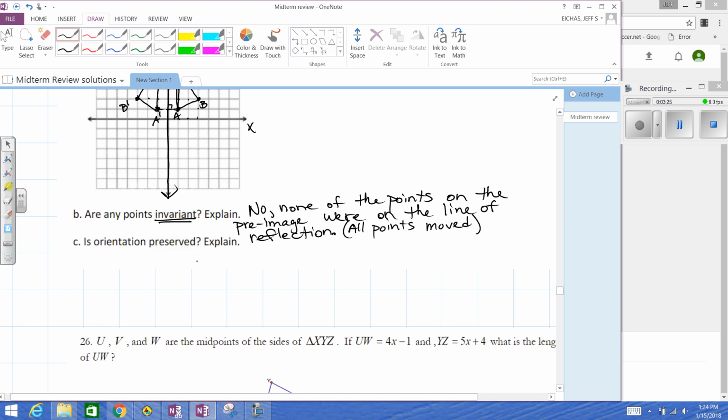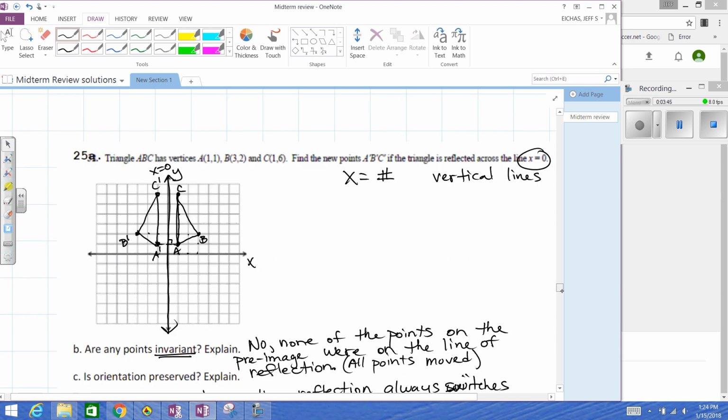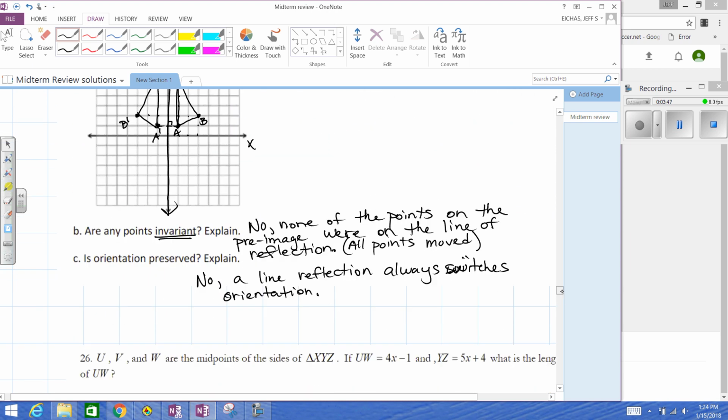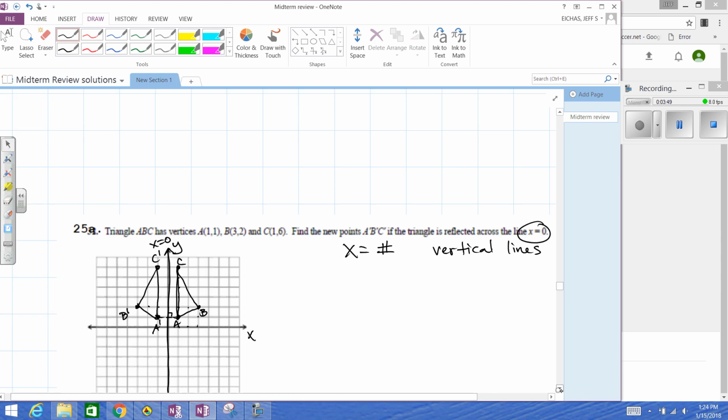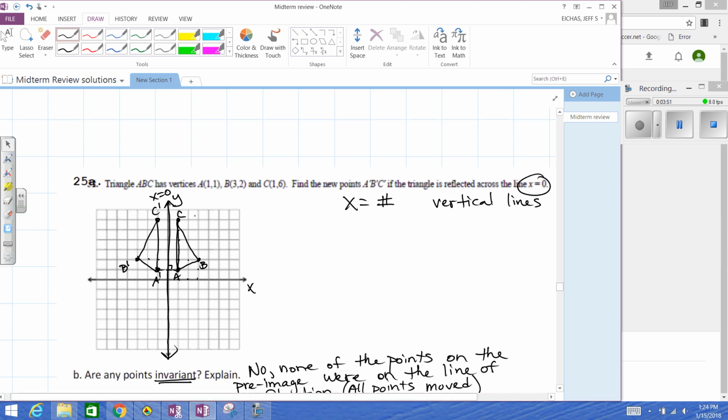Is orientation preserved? No. A line reflection always switches orientation. Here's the orientation I spoke of earlier. It's really critical that we consider that.